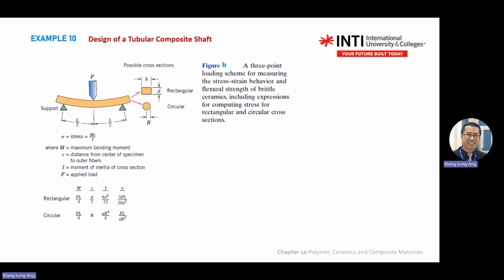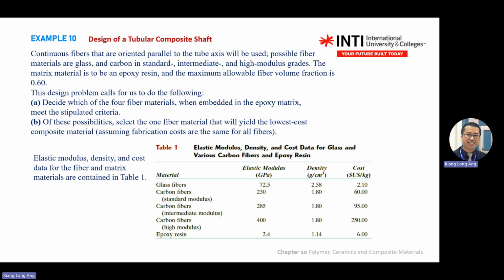So this one is bending, what you learn in your statics, how to find the stress, MC divided by I, how to find it for rectangular and tubular shapes. Then it continues, it's quite lengthy.